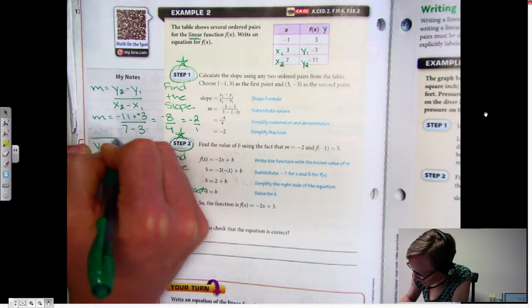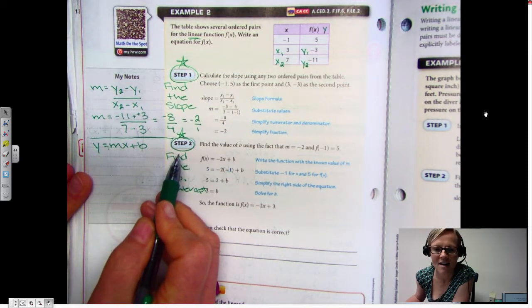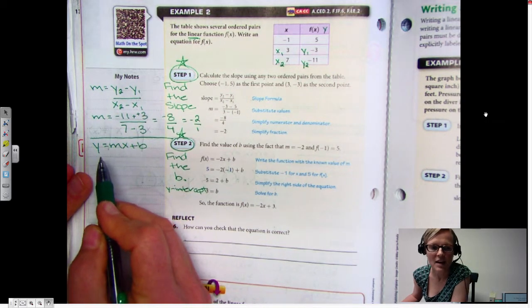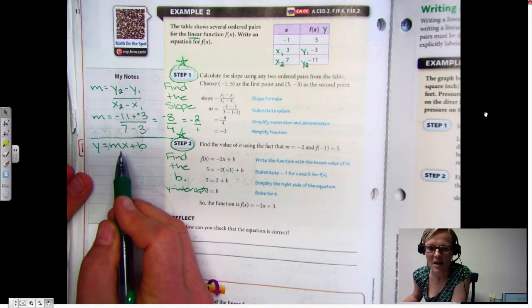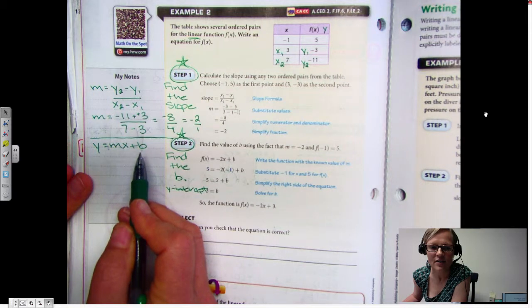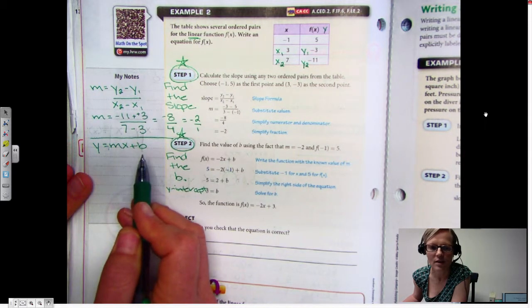Using this formula, we're going to substitute values that we now have into this formula over here. This formula has 4 variables at this point: y, m, x, and b. If we can find 3 of these variables, we can solve for the 4th.